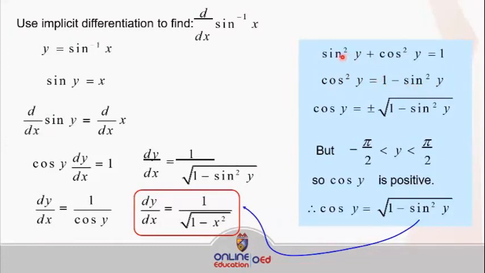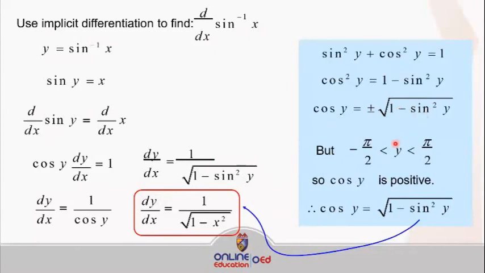So, transfer lang natin itong sine squared y sa other side. That's why we have the 1 minus sine squared y. And then, para makuha natin si cosine y, square root lang natin both sides. Kapag yung square root natin si cosine squared, wala na siya. So, we have here the plus minus the square root of 1 minus sine squared y.